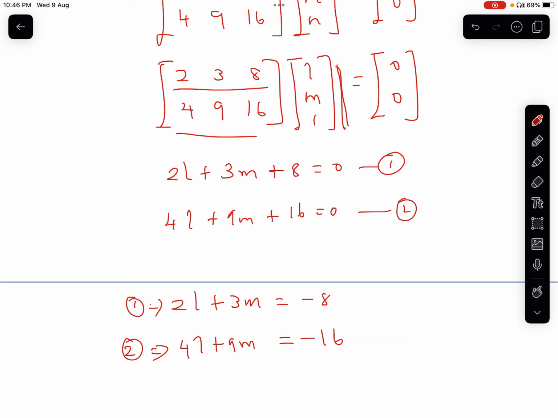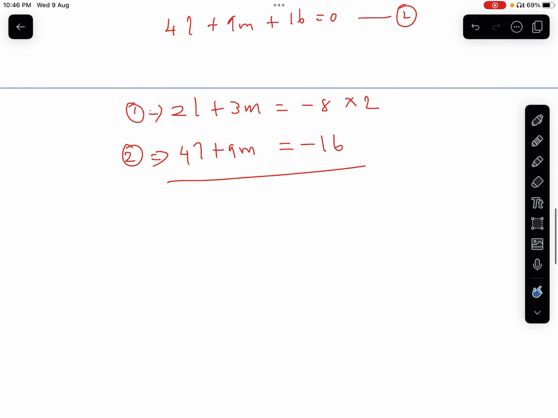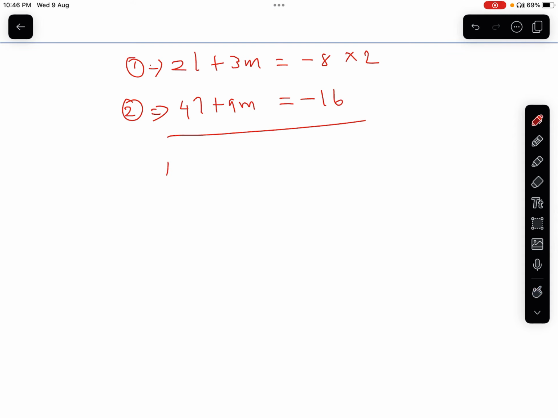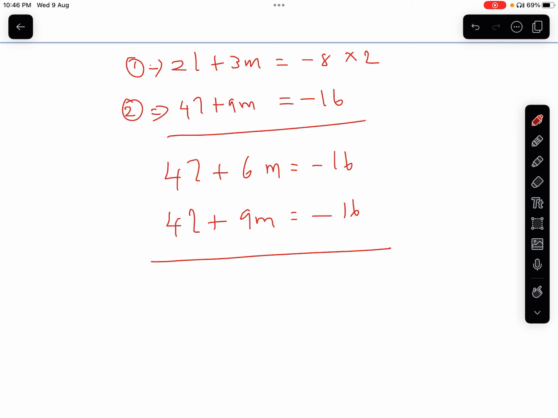Since we need to solve for m, you can write the modified first equation by multiplying by 2, and therefore we'll be getting 4l plus 6m is equal to minus 16, and next 4l plus 9m is equal to minus 16. While subtracting the equations, we change the sign: plus becomes minus and minus becomes plus.